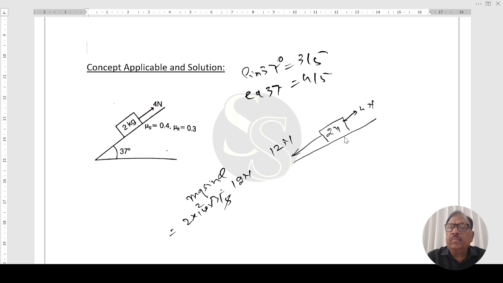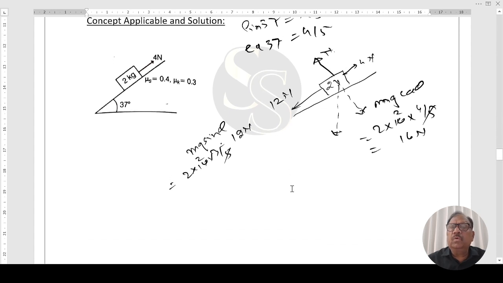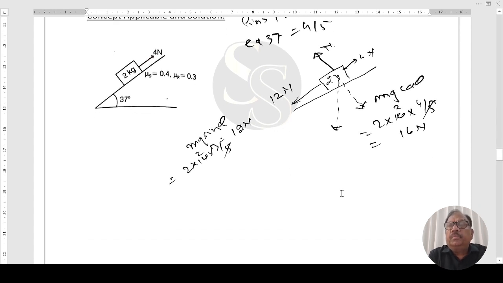Weight is acting vertically downward, and mg cos theta comes out to 2 into 10 into 4/5, that is 16 Newton. One is normal, that is the contact force. Any other force? No.